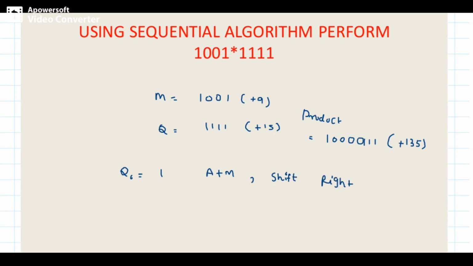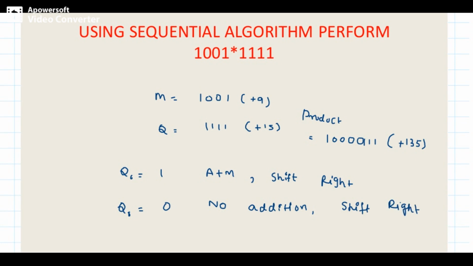Suppose the Q0 bit is equal to 0, no addition is required, just shift it right by one position.